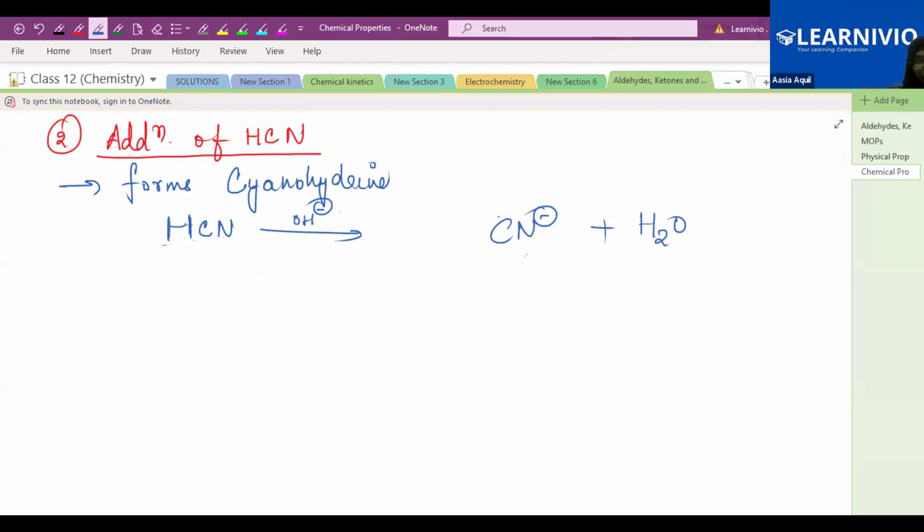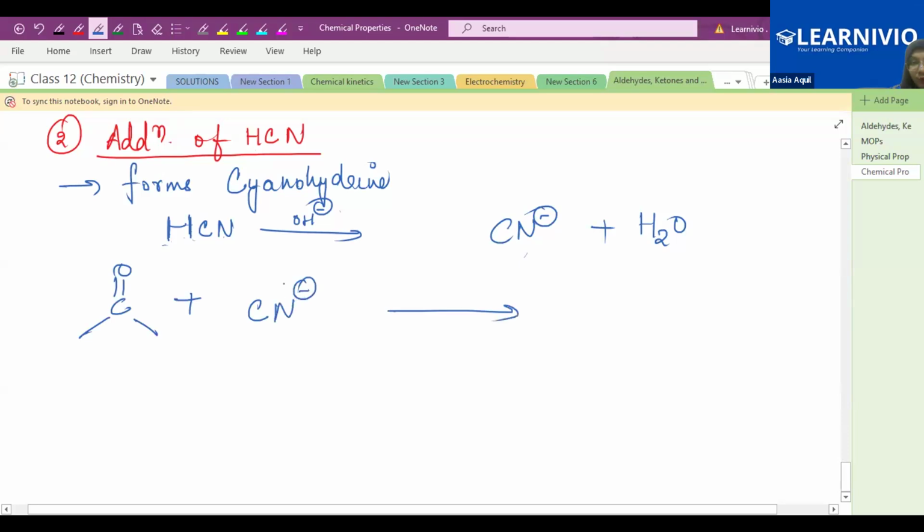Now you have a nucleophile, and this is your carbonyl compound, to which you are adding HCN. HCN gives you a CN minus ion which acts as a nucleophile. You should know where the nucleophile attacks: it is electron rich, so it goes to the carbon which is electron deficient, with a positive charge.